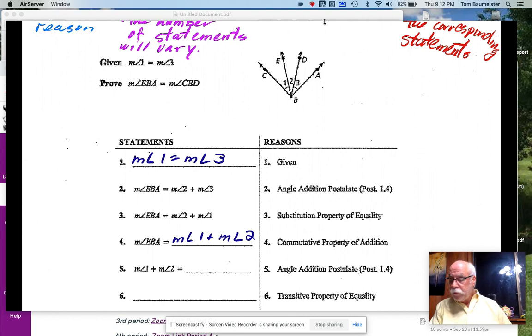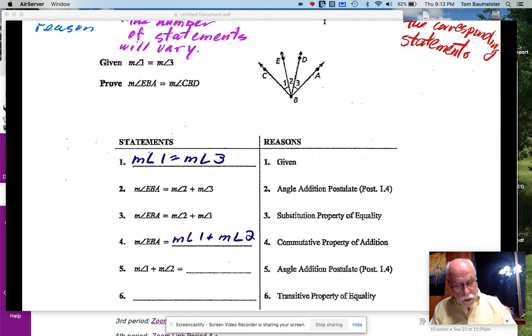All right. So now I have that the measure of angle 1 plus the measure of angle 2, again, kind of look at your diagram there. The measure of angle 1 plus the measure of angle 2 actually equals this one here. And what is that one there? That is CBD. All right.